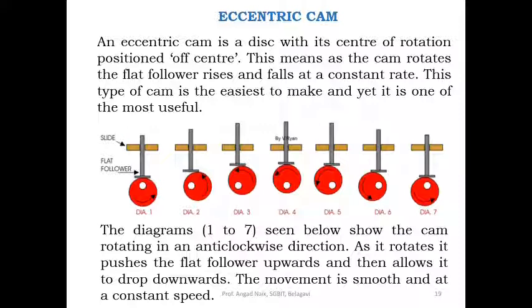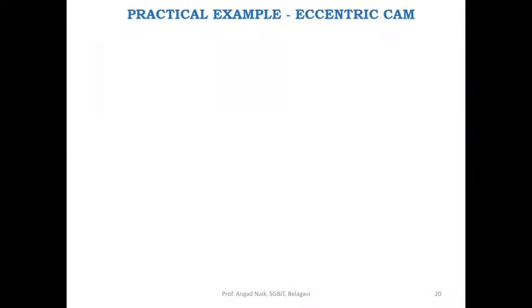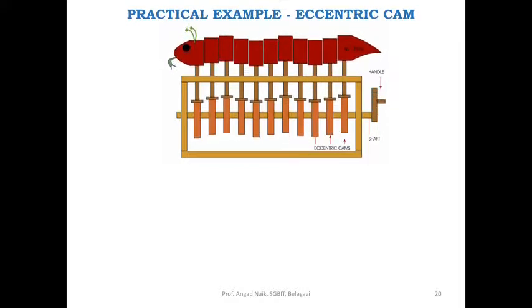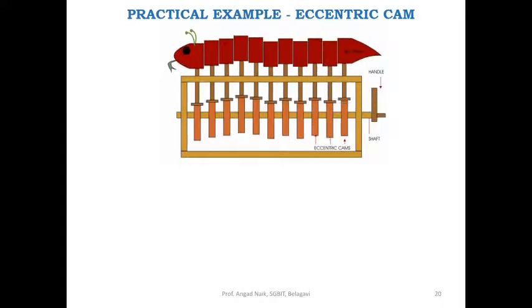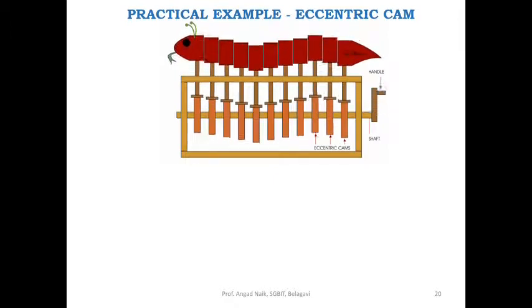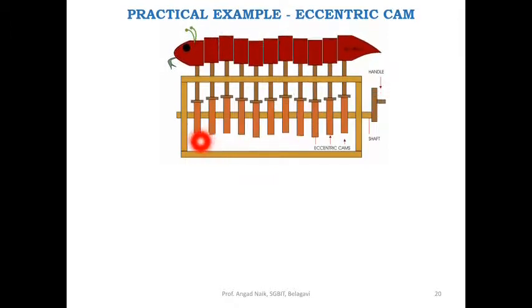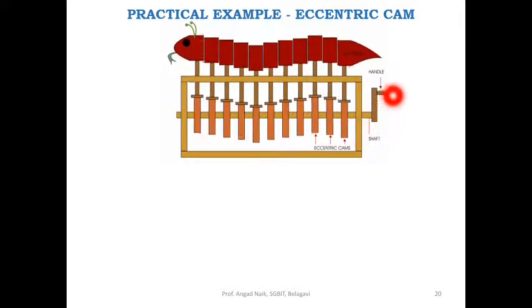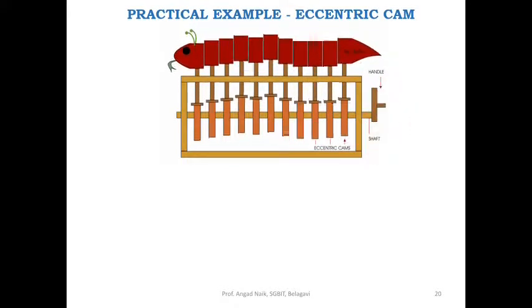Let us have a practical example of eccentric cam. This is a mechanical toy based on a series of eccentric cams. If this handle is rotated, you can visualize the movement of the mechanical toy.